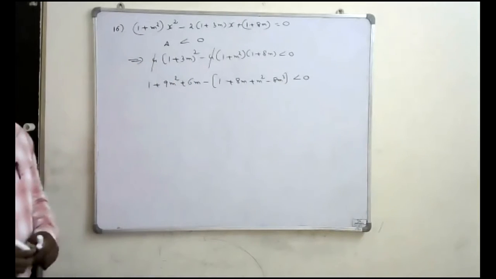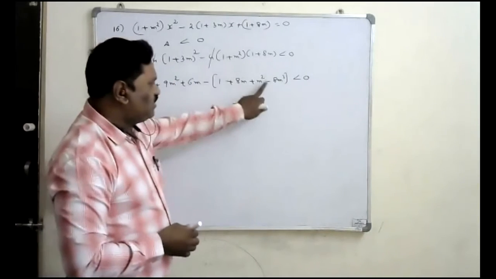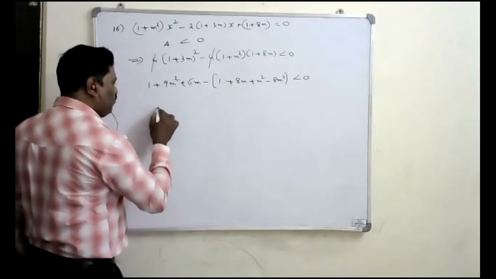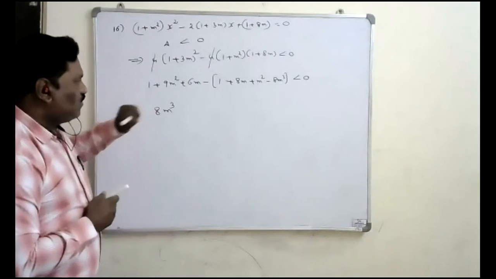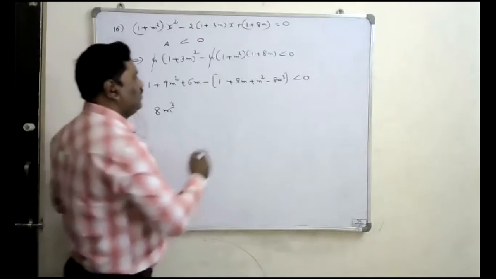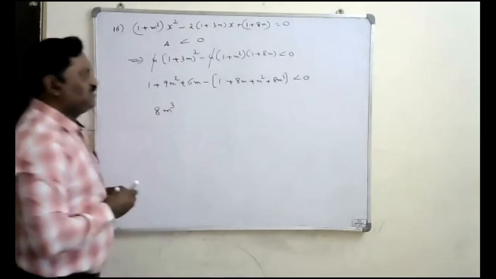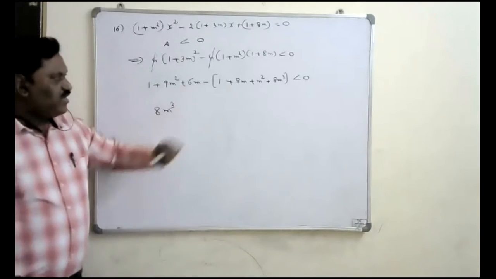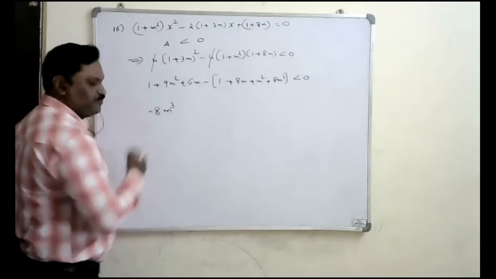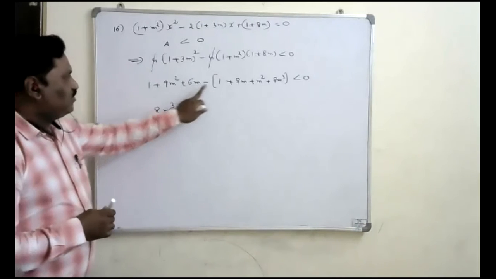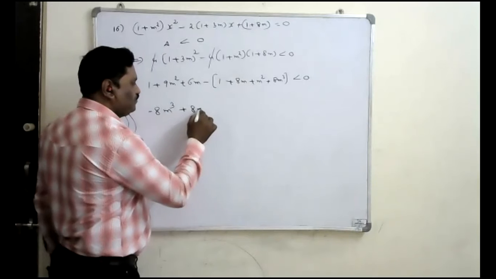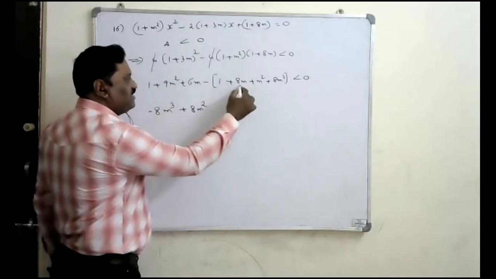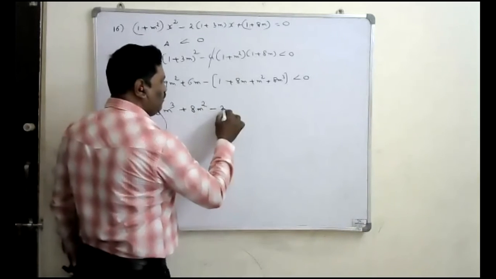Here, minus into minus gives plus 8m cubed. Now, since the product is multiplied by the minus sign, it is a minus 8m cubed. And 9m squared minus m squared is plus 8m squared. And 6m minus 8m is minus 2m.